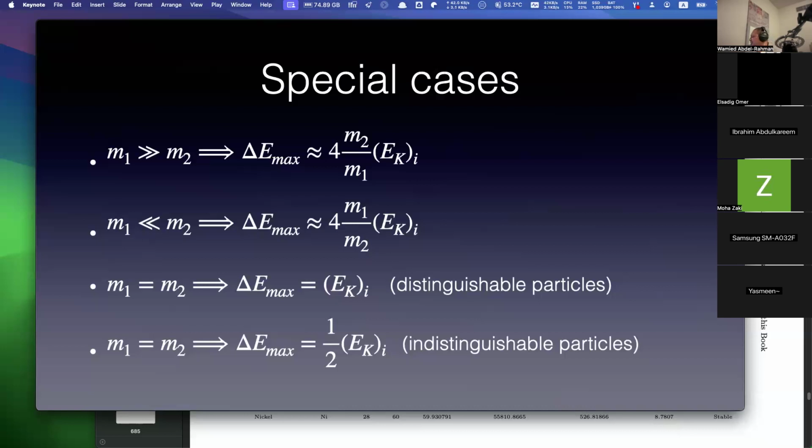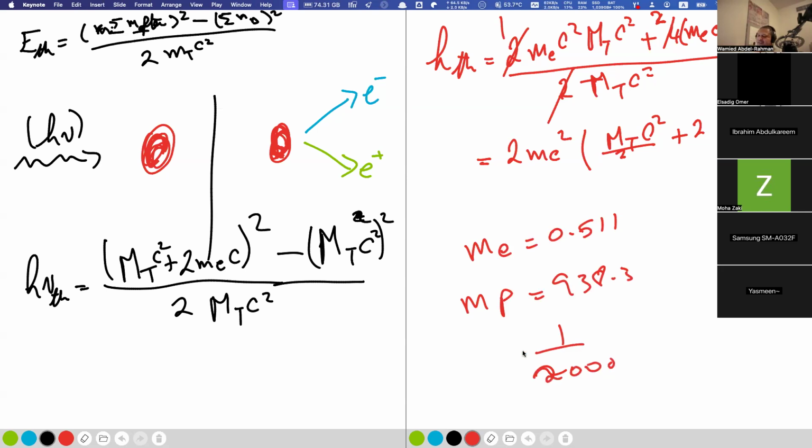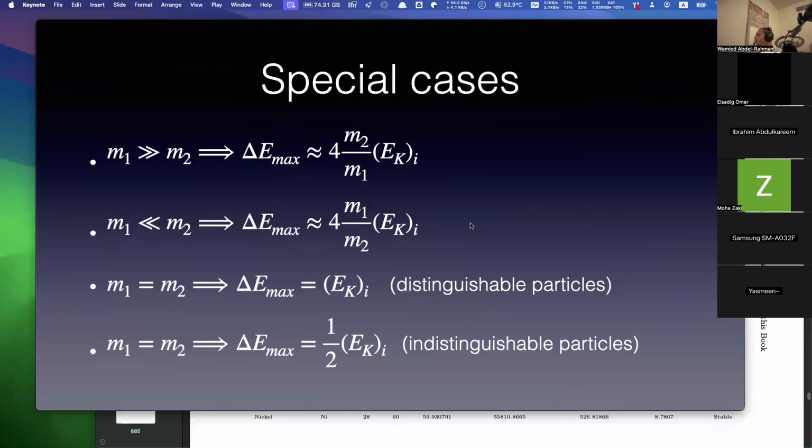The mass of an electron is 0.511, and the mass of proton is 938.3. So the ratio of the two is 1 over 2,000, roughly. Okay, that makes sense. So the ratio of the masses of the two particles is 1 over 2,000.